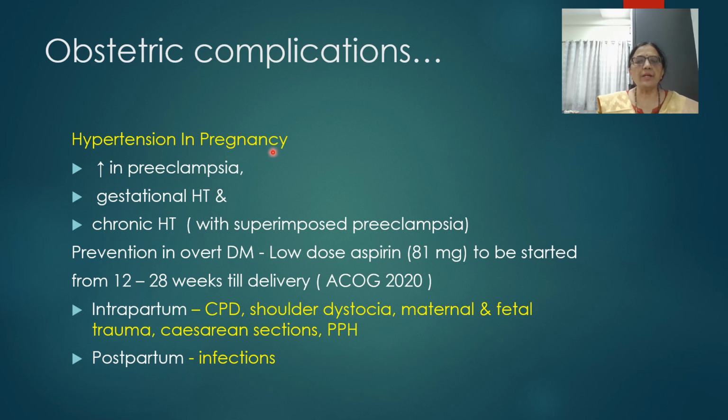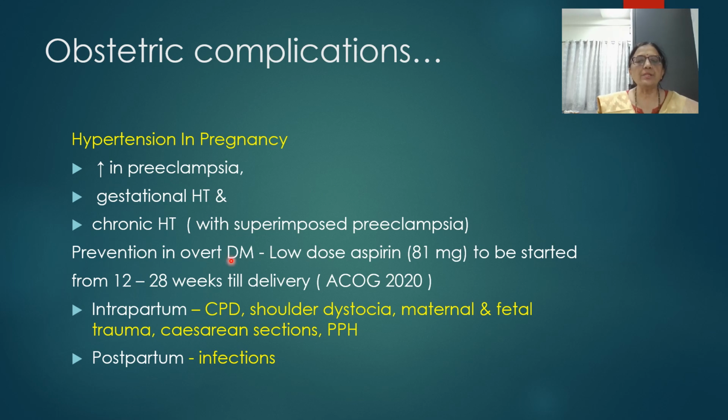Hypertension in pregnancy and diabetes go hand in hand, and there is an increase in all the types of hypertensive diseases in pregnancy, such as preeclampsia, gestational hypertension, chronic hypertension, as well as chronic hypertension with superimposed preeclampsia. All these four show a rise in patients with diabetes.